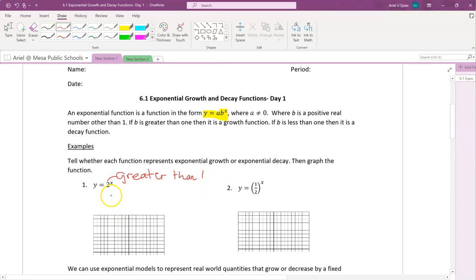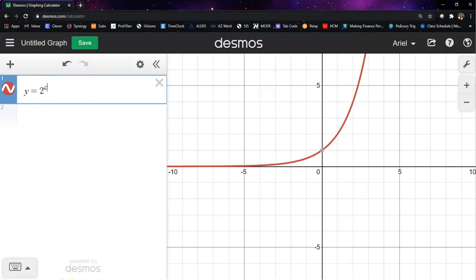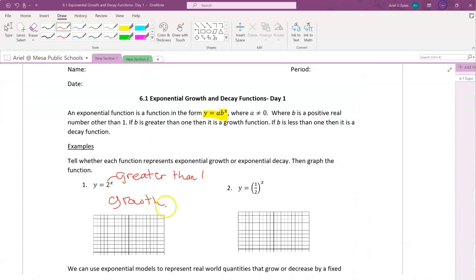So this one is going to be growth. And it wants me to graph this function, so I am going to go to Desmos. And it looks like this. So I'm going to go sketch that graph.